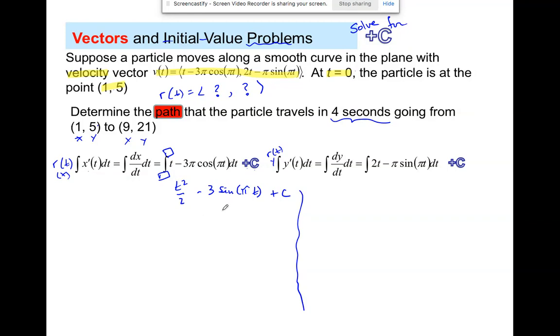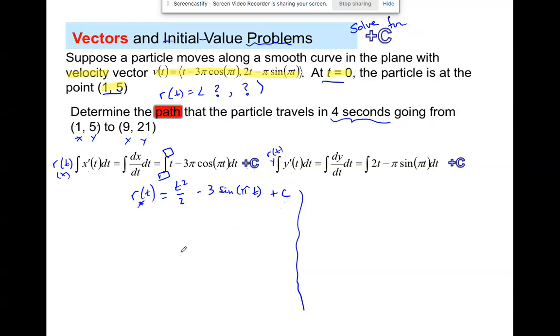How do I solve for c? Well, what do you know? At time 0, where were you? So this equals the x component of r of t. I need to solve for c.